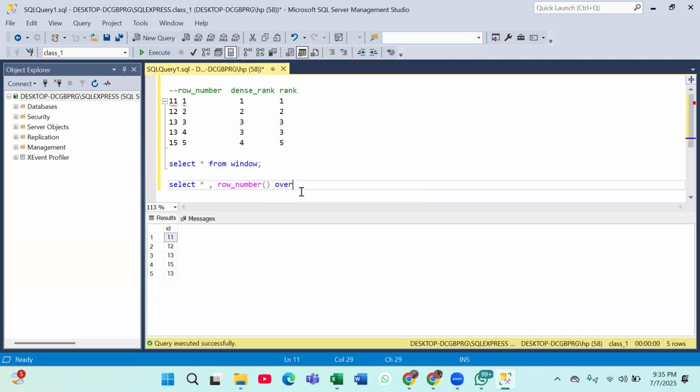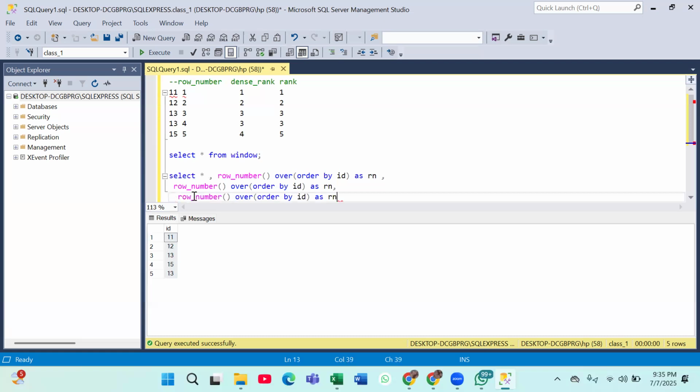Over, according to which column I want to give my row number or my dense rank. So let's say according to ID. I'm giving it RN here. Similarly, I'll do the same for dense rank and similarly for rank also.